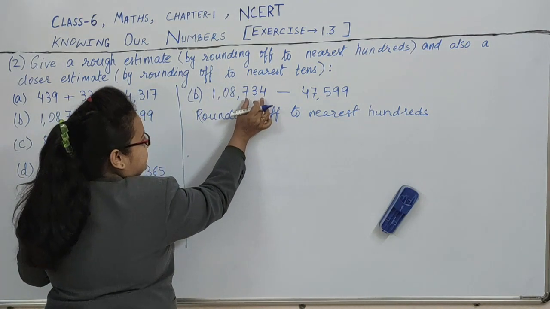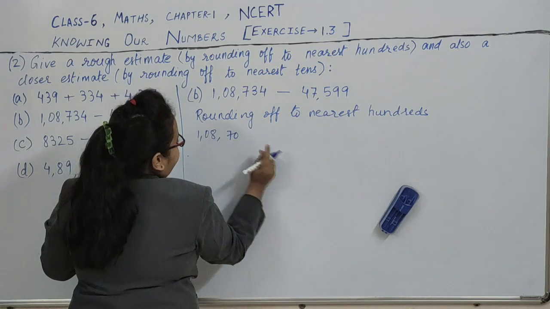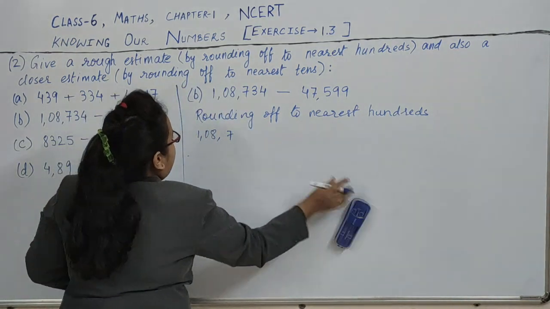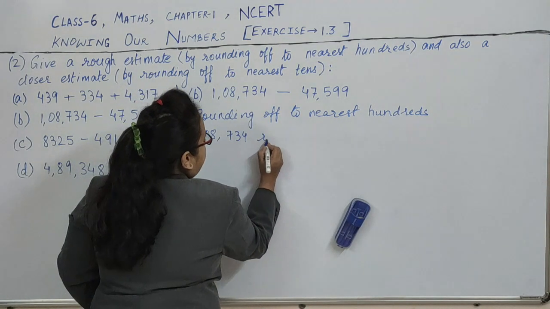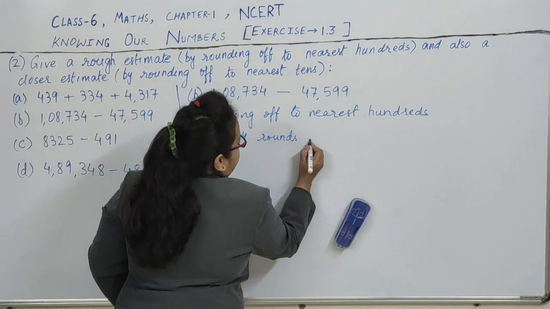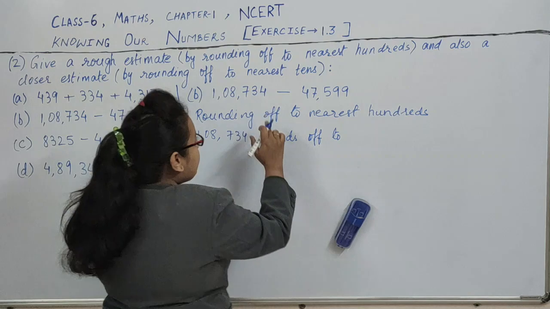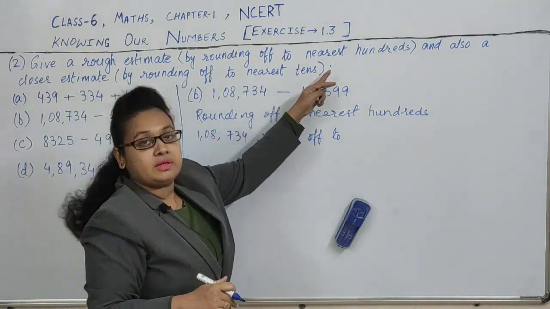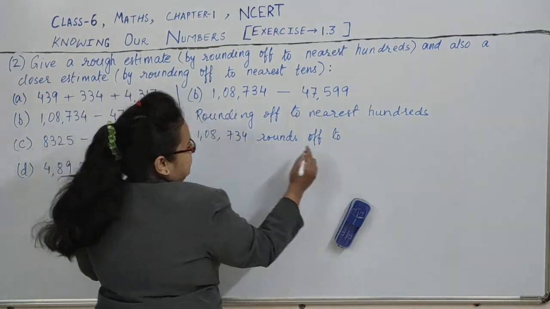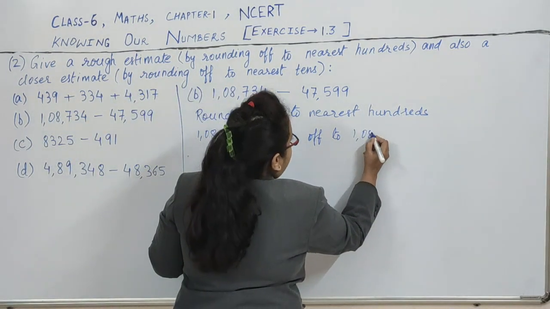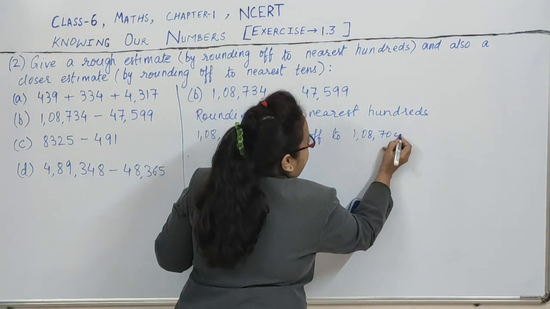So 1,08,734 rounds off to how much? This is rounded off to 700, because here we are rounding off to the nearest hundreds. Okay, so these three digits will remain as it is, 1, and this becomes, after rounding off, 700.